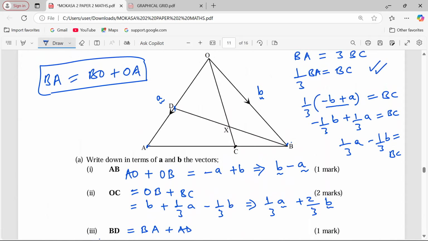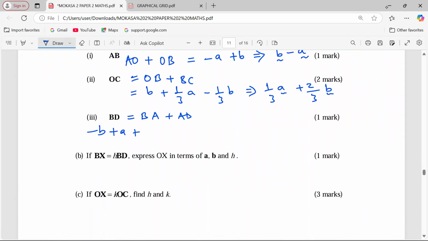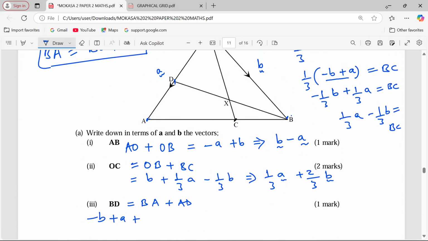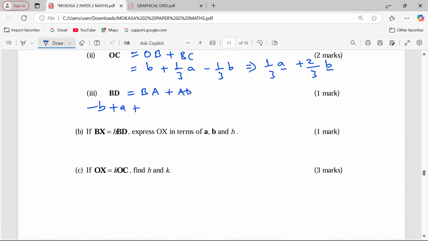Vector AD is going to be half of AO, because D is the mid. D is the mid. Therefore, AD becomes half of the full vector, half of AO.